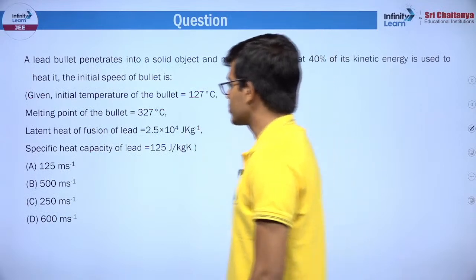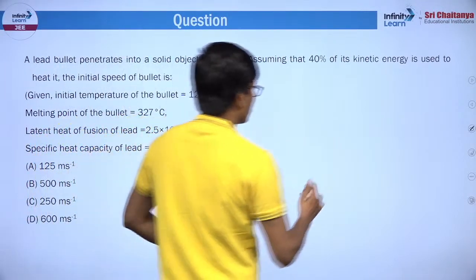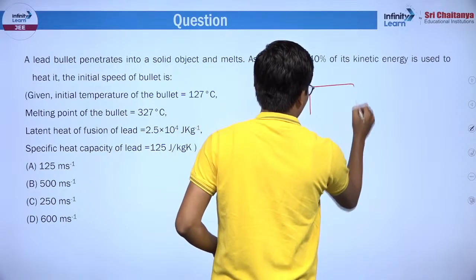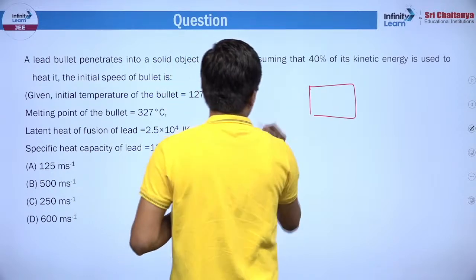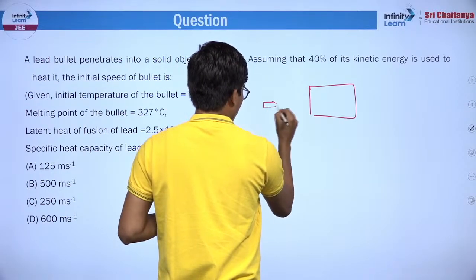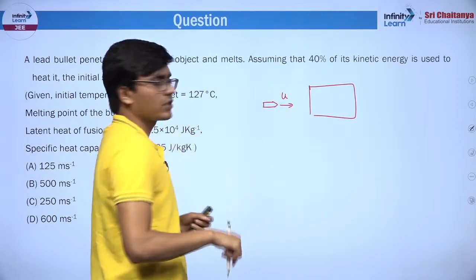Moving to the next question. This is, I would say, a calculative question, but a nice question. You have a bullet made of lead, right? Let's say there is a bullet moving with speed u, and that you need to find.